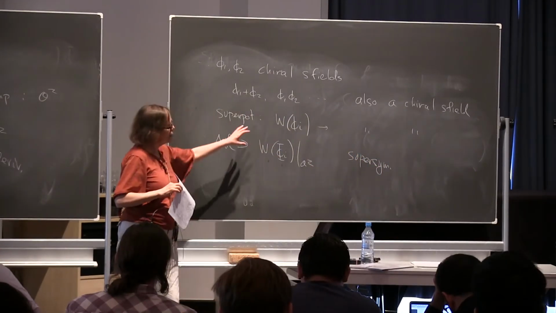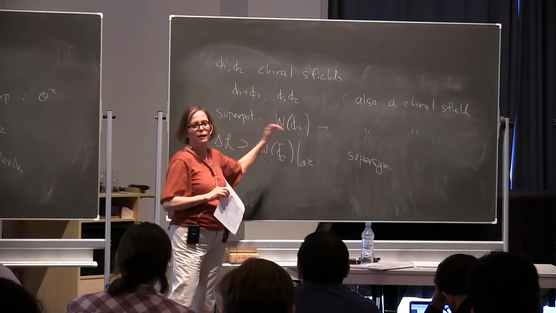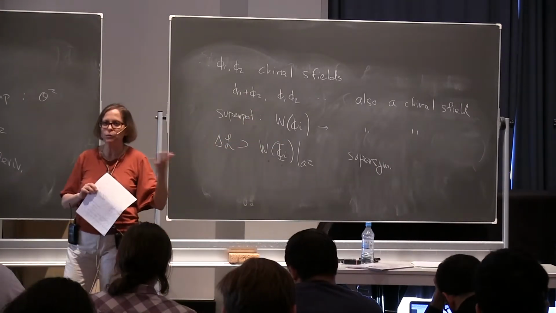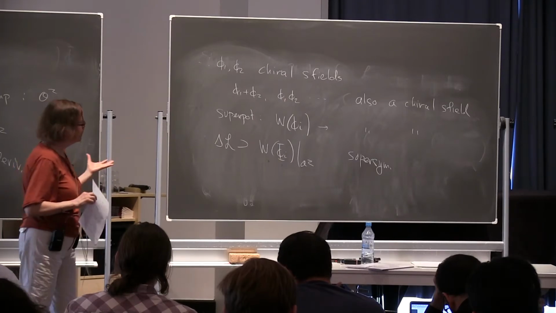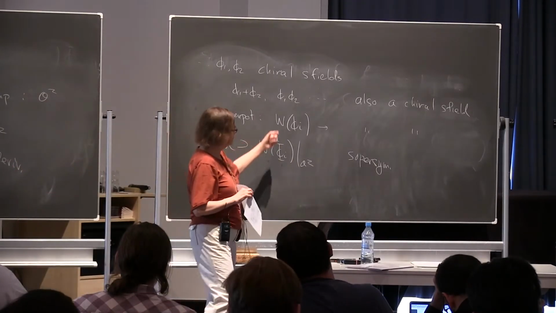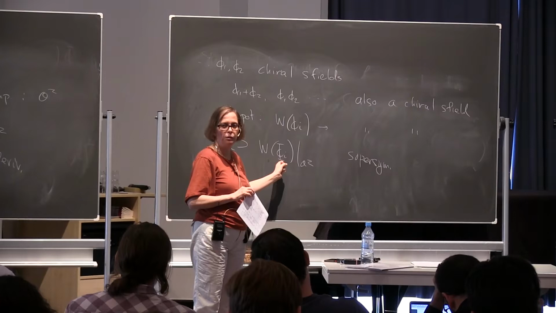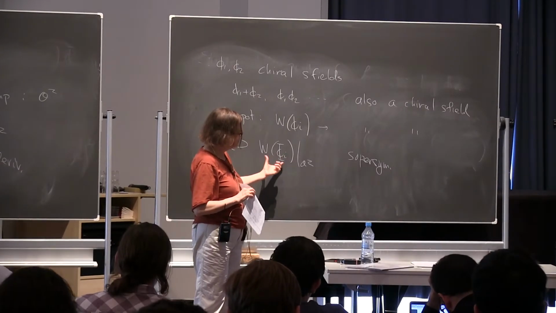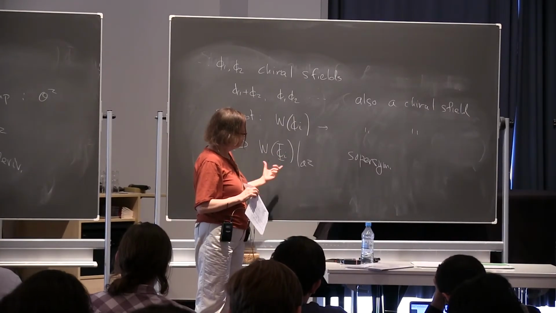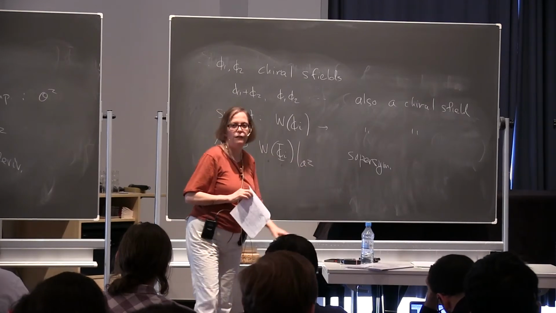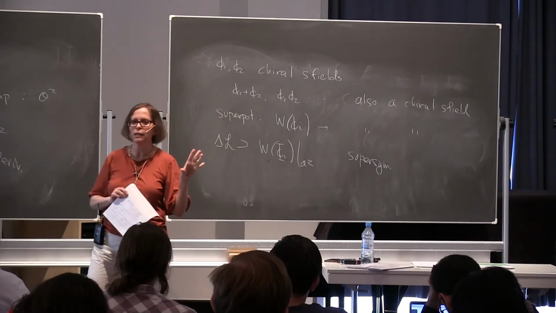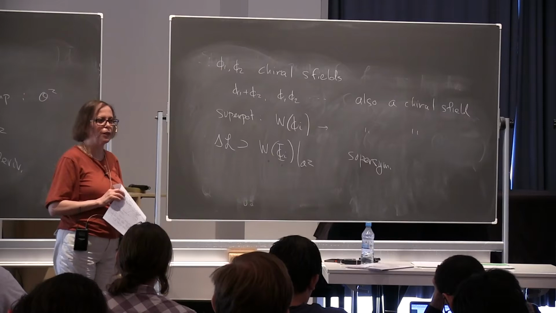Before, I thought about the superpotential in terms of the scalar fields, because we didn't have superfields yet. Now I want to promote this to be a function of the chiral superfield. Then I know it's a chiral superfield itself, and therefore if I take its theta squared component, I can put it in the Lagrangian and it's going to be supersymmetric.